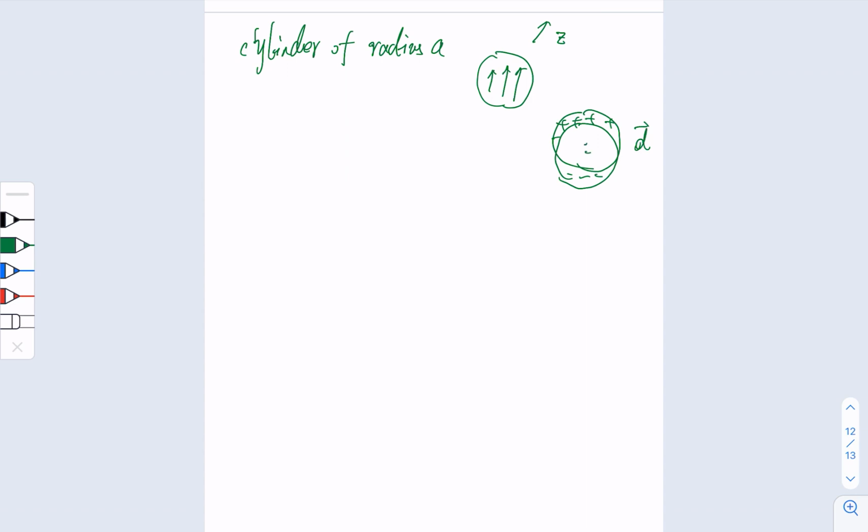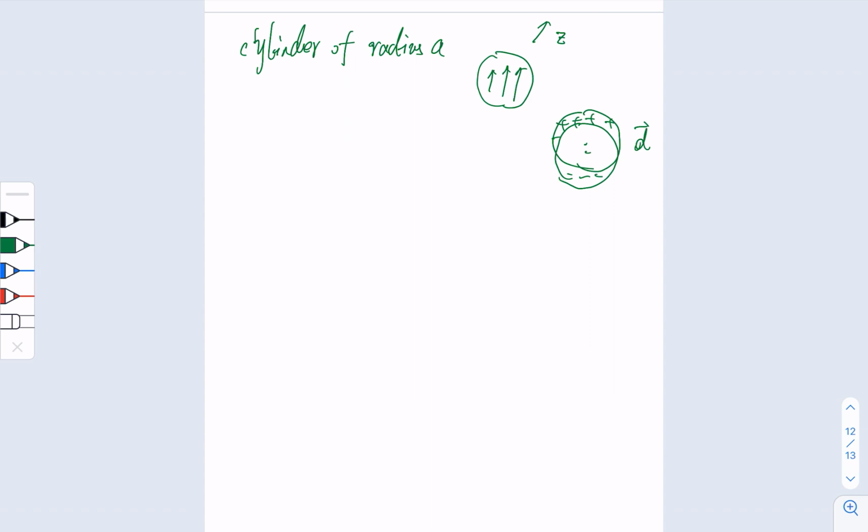This d should be infinitesimally small, and in that case we will recover our uniformly polarized cylinder.